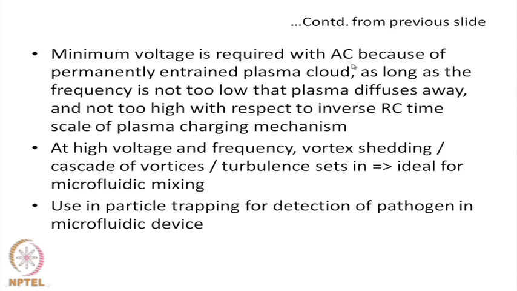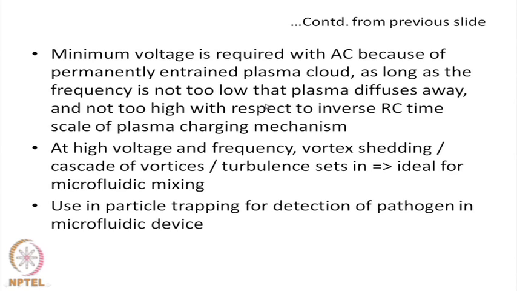The minimum voltage is required with AC because of the permanently entrained plasma cloud. That means in AC you have a permanently entrained plasma cloud already, sitting there in an ionized state. So, when you are coming back next, you have those available. Now, as long as the frequency is not too low, that plasma diffuses away. If it is taking too long to come back, then the plasma diffuses away.